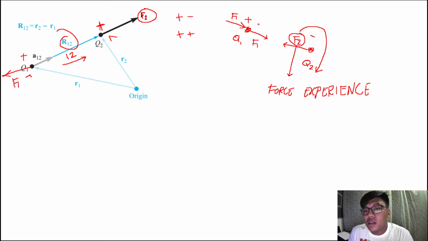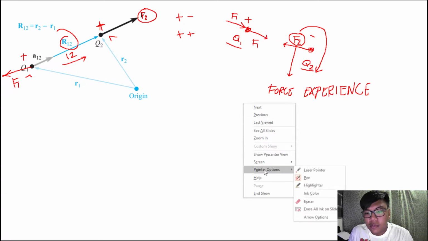That is why, kapag yan ay i-define mo, the force F2 is the force exerted by Q1 to Q2. Okay? Yung force na na-experience ni Q2 ay dahil kay Q1. No? Hinahatak ni Q1 si Q2 papunta sa kanya, sa direction niya. Okay, sana malinaw tayo sa part na yan.